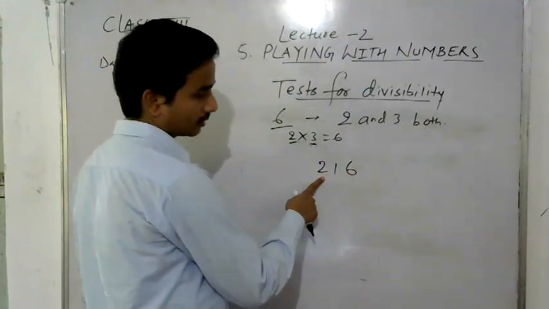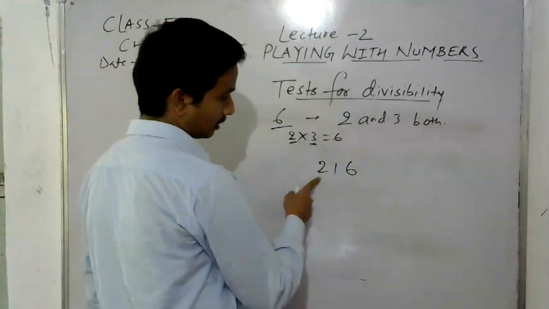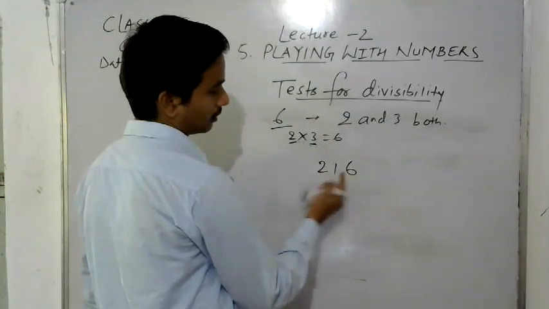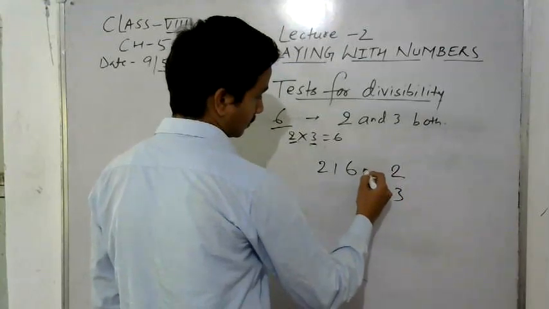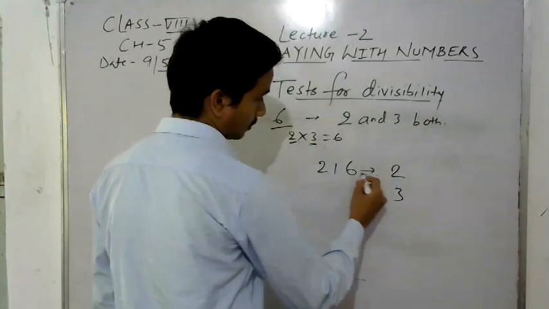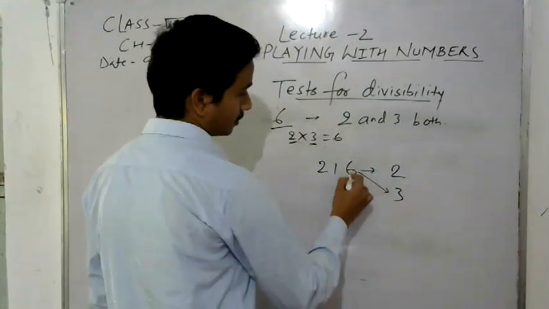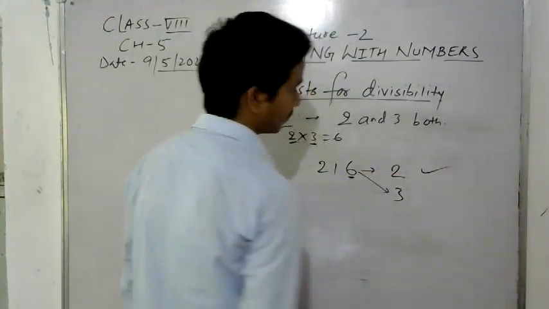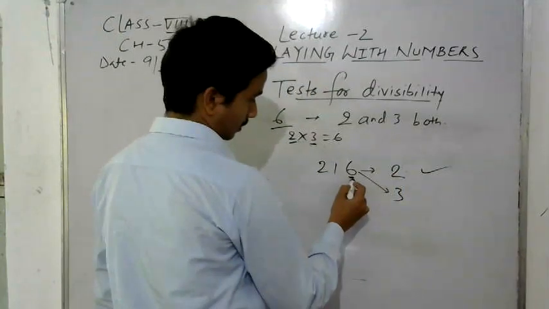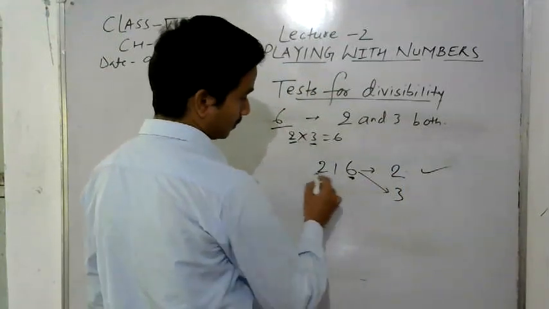is it divisible by 6? How can we check? First of all, see whether it is divisible by 2 or not. Check 2 and 3. Is 216 divisible by 2? Since the last digit is 6, yes, it is divisible by 2. Is it divisible by 3?